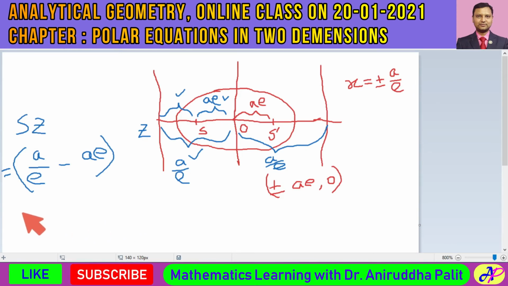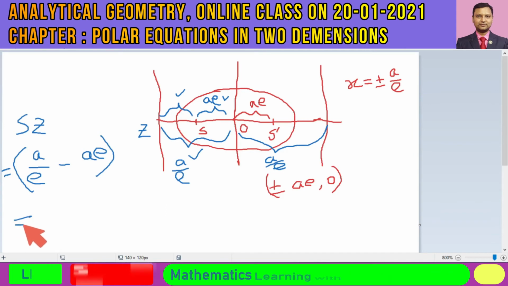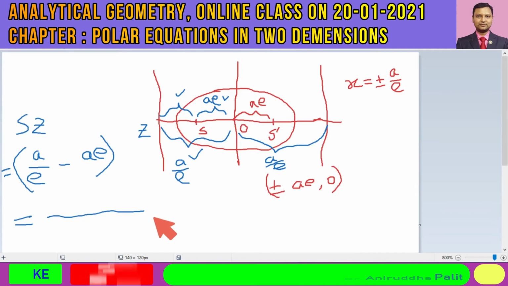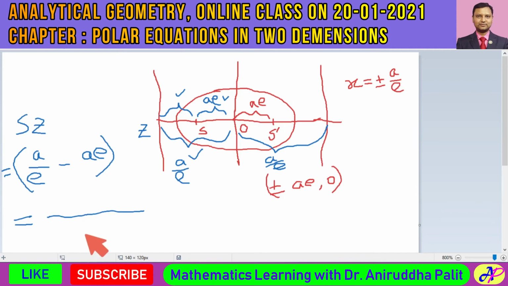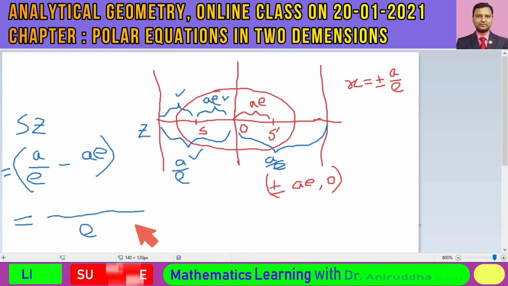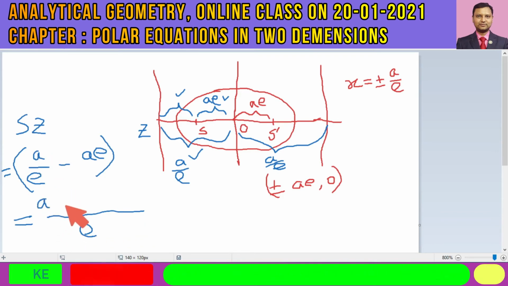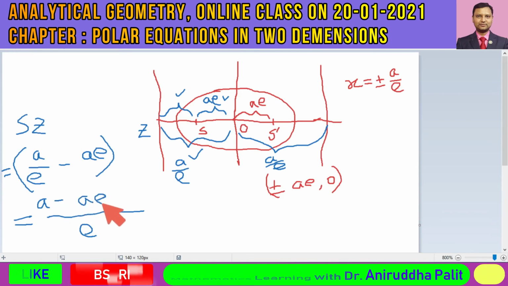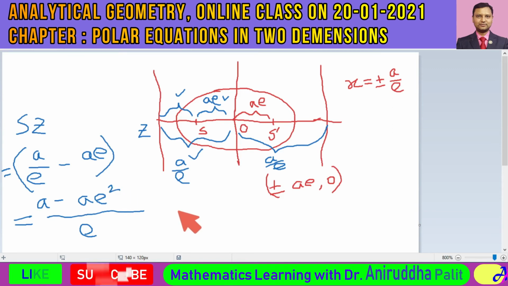It doesn't matter. But if you further want to tally this result with the result of your book, in that case you can take this E as the LCM, and if you want to consider this numerator expression, A minus AE square, this kind of expression would come.